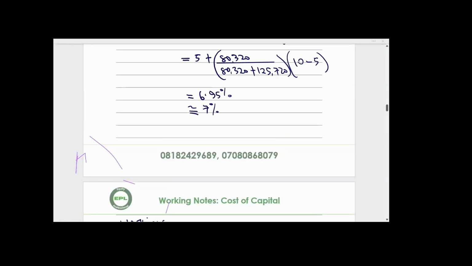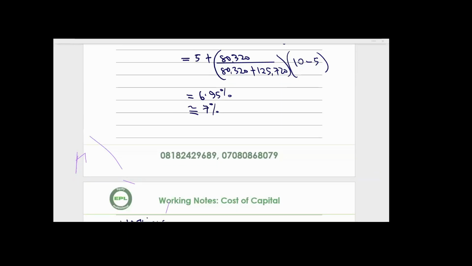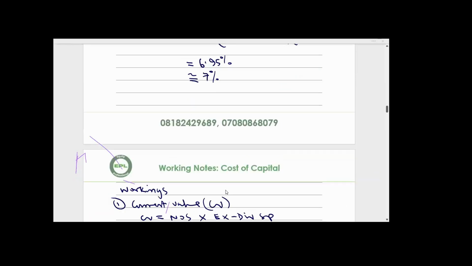Now, for the opening shareholders' fund, when you talk about shareholders' fund, you go to the company's capital structure, the amount attributable to the owners. You will see all those items that relate to the owners of the business, like retained earnings and share premium, and you add them together.